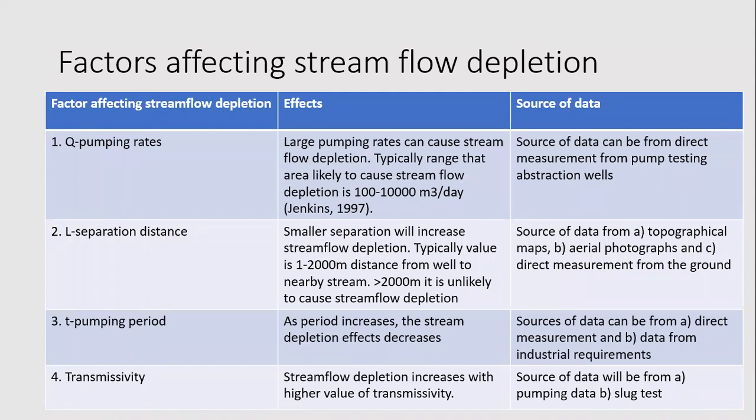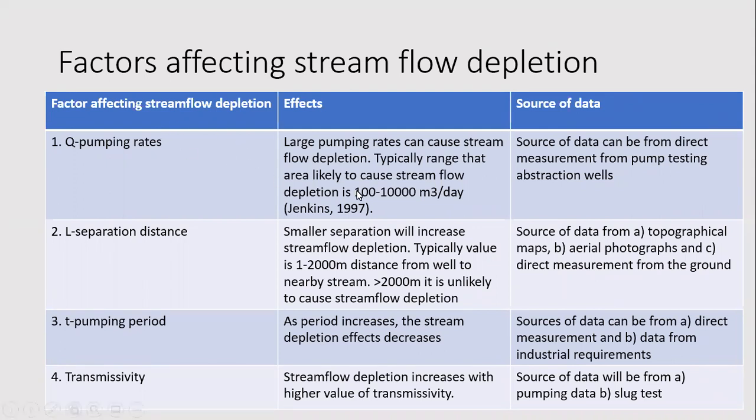As much as you are pumping more water in a well that is adjacent to the river, it can happen that you have stream flow depletion, if these two are connected. There is literature that puts typical ranges likely to cause stream flow depletion, and here they said it's about 100 to 10,000 cubic meters per day. They said if it's less than 100 cubic meters per day, it is unlikely to cause stream flow depletion.